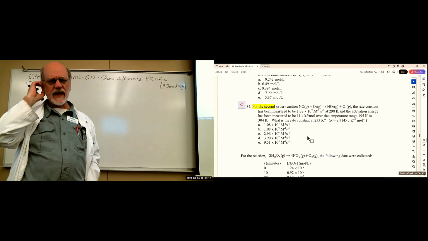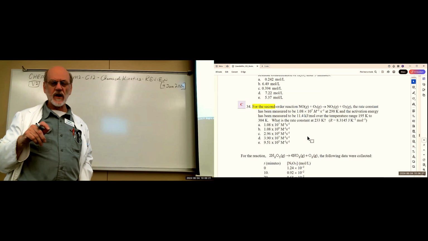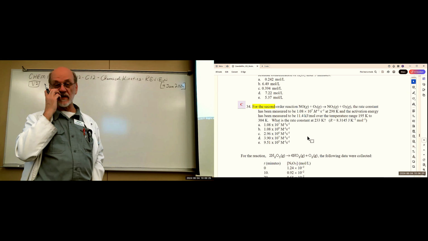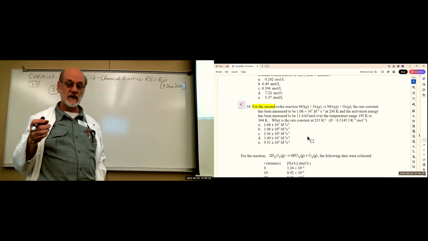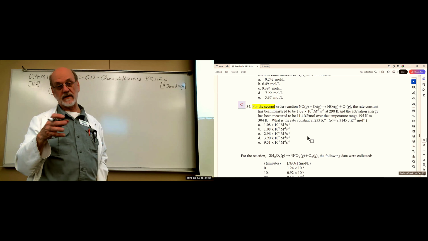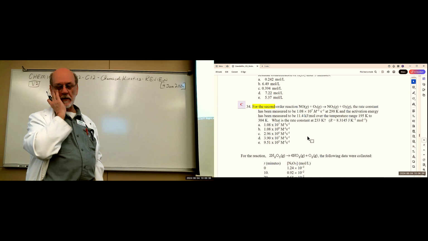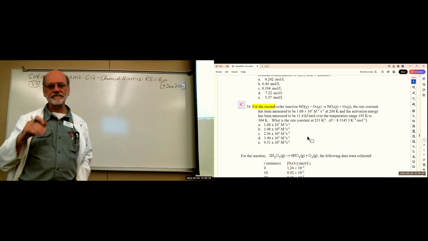For the second order reaction, NO plus O3 yields NO2 plus O2, the rate constant has been measured to be 1.8 times 10 to the 7 at 298 K, and the activation energy has been measured to be 11.4 kilojoules per mole over the temperature range 195 to 304. Okay, so we're in the right temperature range. What's the rate constant at 233 K?